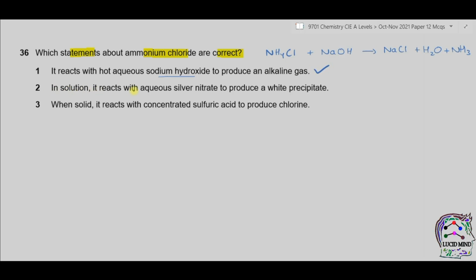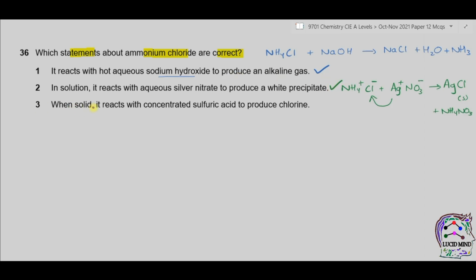Option 2, in solution it reacts with aqueous silver nitrate to produce a white precipitate. Ammonium chloride is ammonium and chloride. Silver nitrate is AgNO3. Now it can react to form AgCl, which is silver precipitate. Option 2 is also correct.